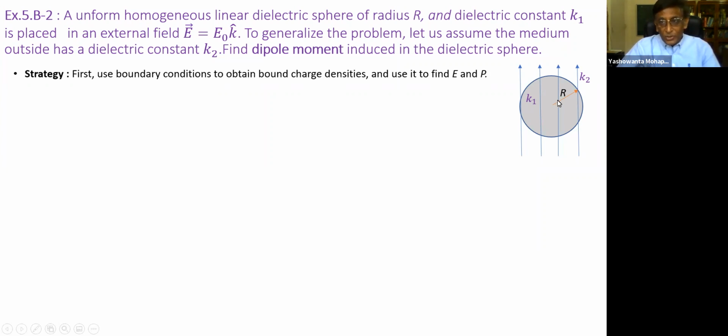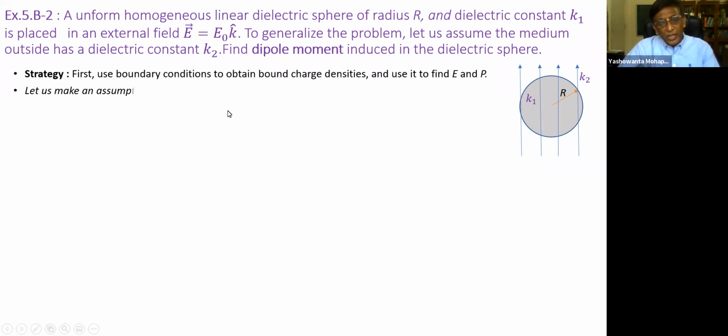This is a dielectric put in an external field, so I cannot use that strategy. So I reverse the strategy and find the bound charge first, and from there P, and then E. So that is the illustration.